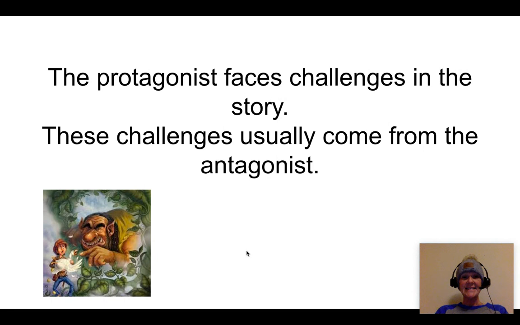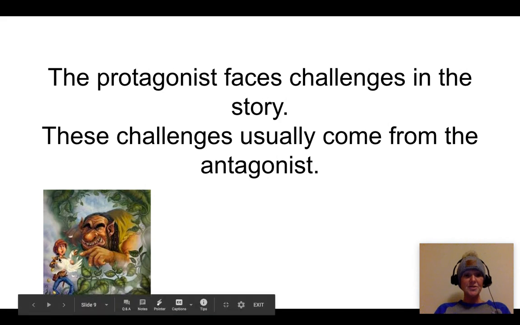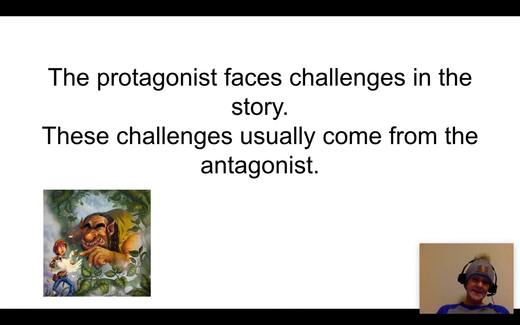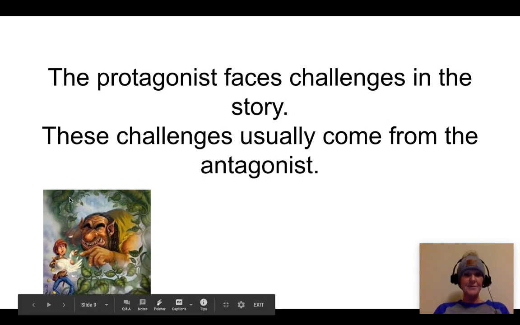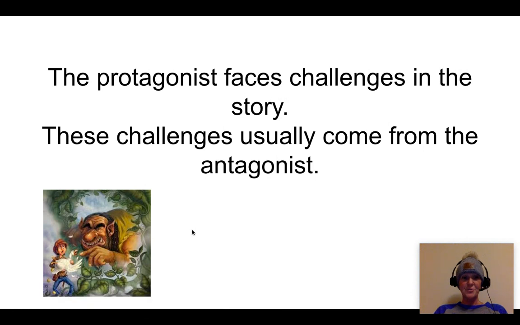The protagonist faces challenges in the story. These challenges usually come from the antagonist. So in the story, Jack's challenges are that his family needed money, so he was supposed to sell the cow, but instead he traded it for magic beans, and then he planted those magic beans, and this beautiful beanstalk grew, and he climbed up it, and he started to realize that the giant had some pretty awesome things that he would like to have as well.